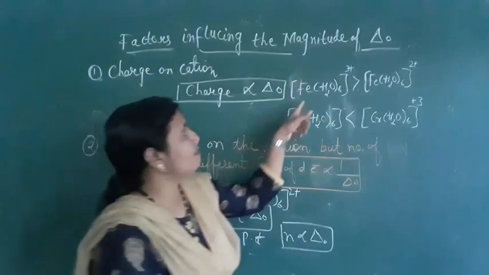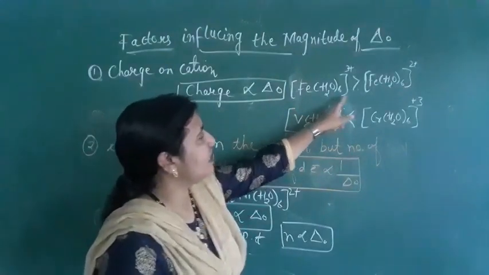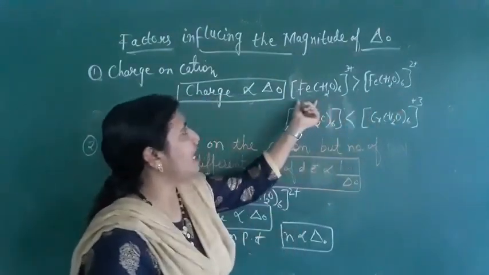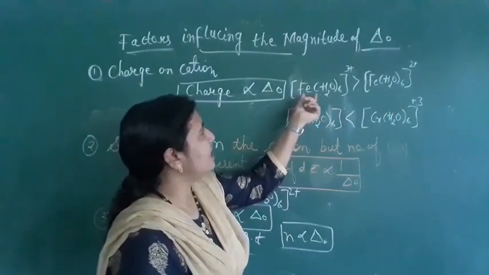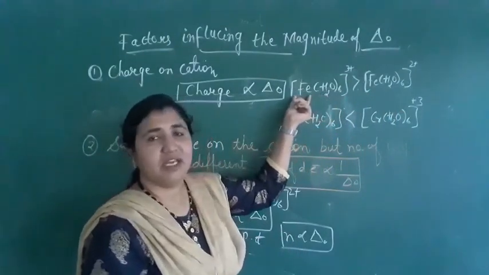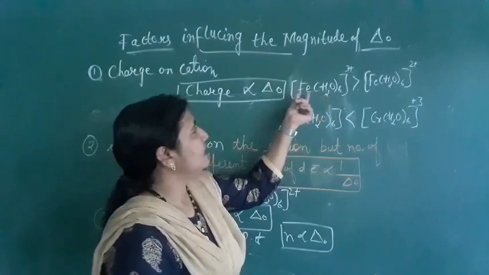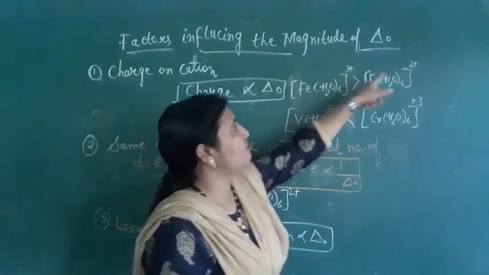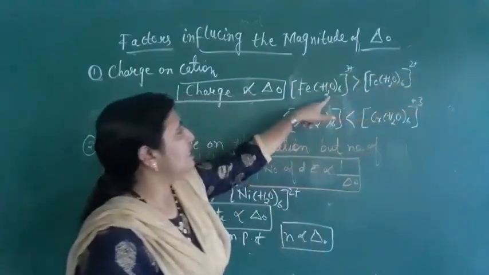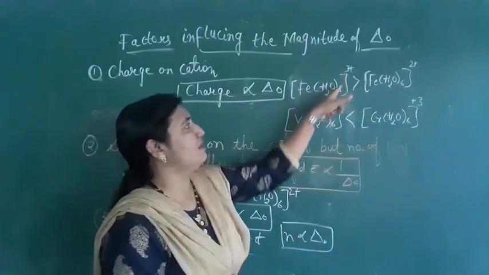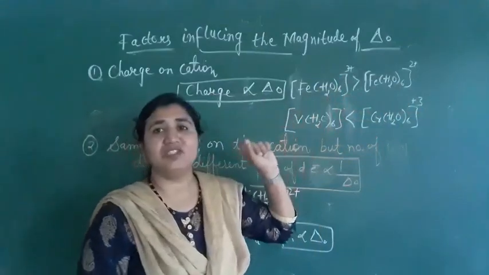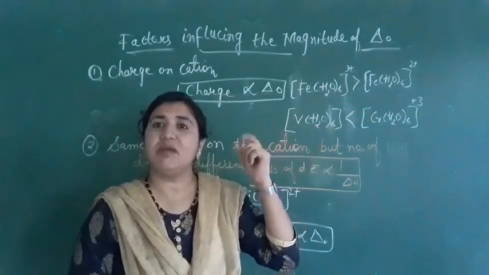Example: Fe(H2O)6 3+ and Fe(H2O)6 2+. We have the same ligand and the same metal, but the charge is different, 3+ here and 2+ here. So the splitting energy is more for the 3+, because the cation charge is more.